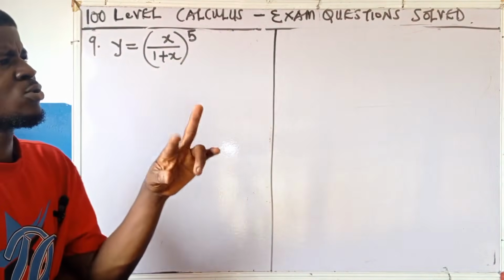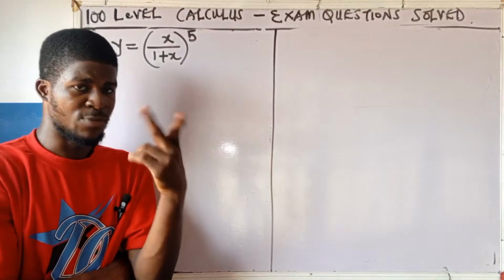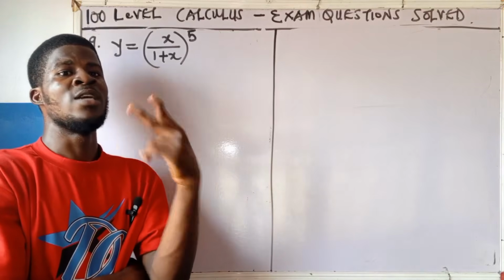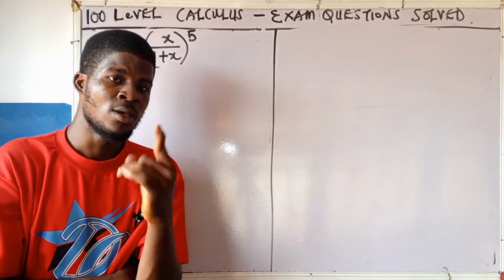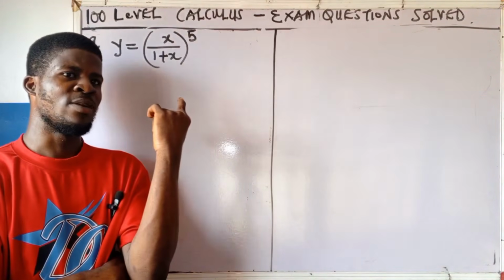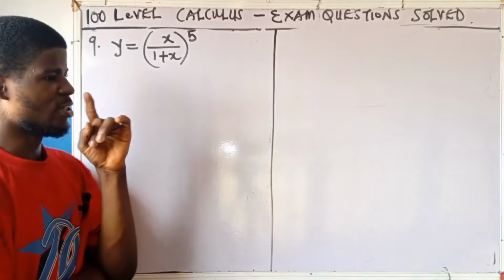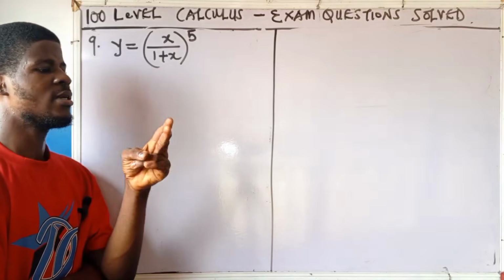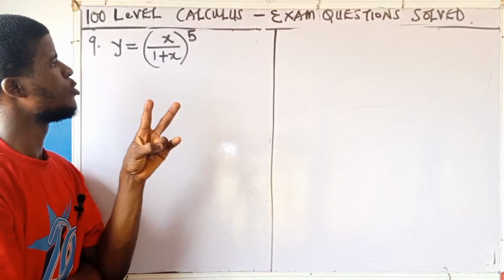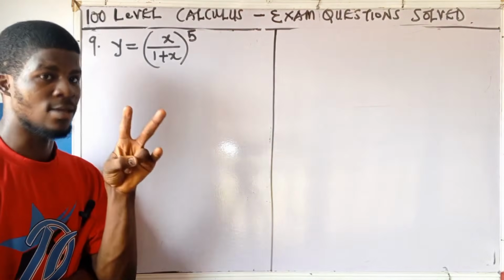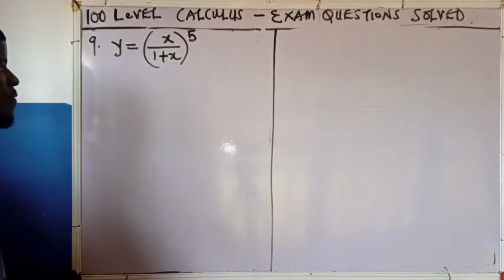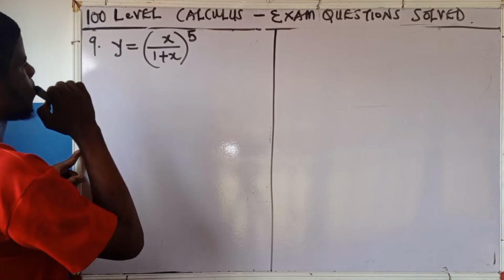By the way, can we use two rules to solve one question? Yes, it's possible to use more than one derivative rule for one question. It will interest you to know that we need a mix of the quotient rule and the chain rule together to solve this derivative.